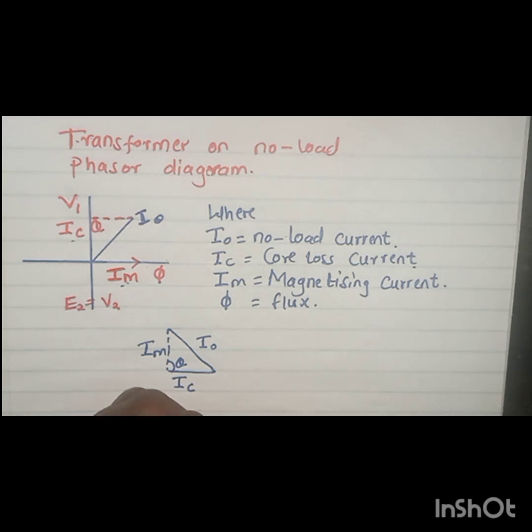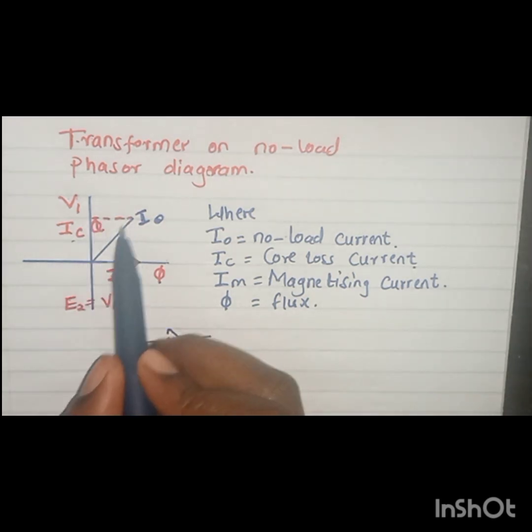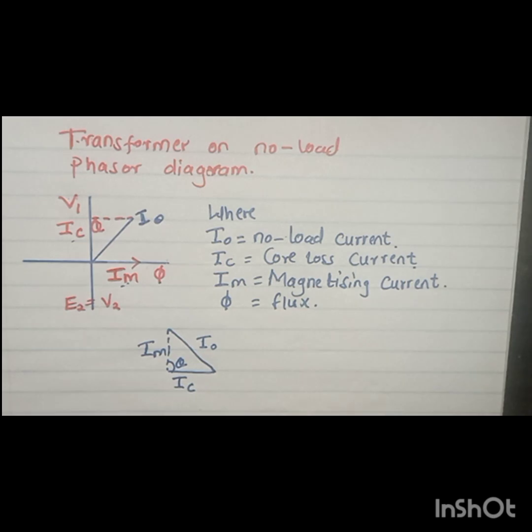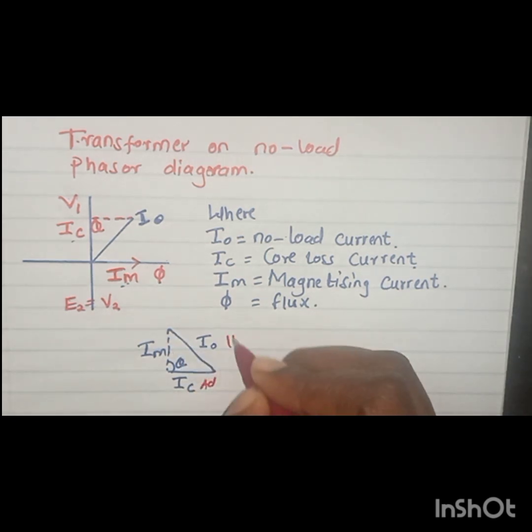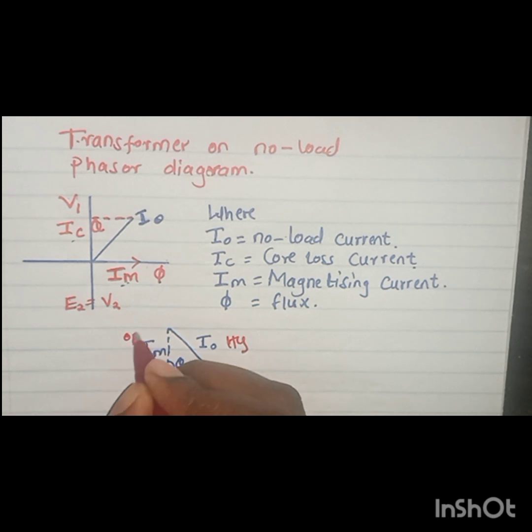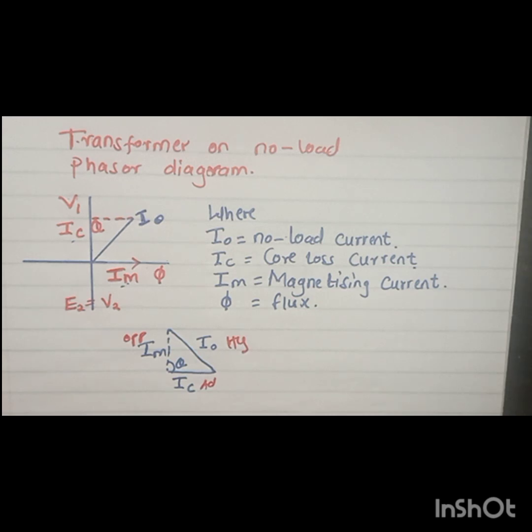If I extract this triangle, I'll have it like this: on the adjacent, I'll have IC, this is the long side, the hypotenuse, and this is the opposite, where I have my IM. From there, I can get the value of each component.